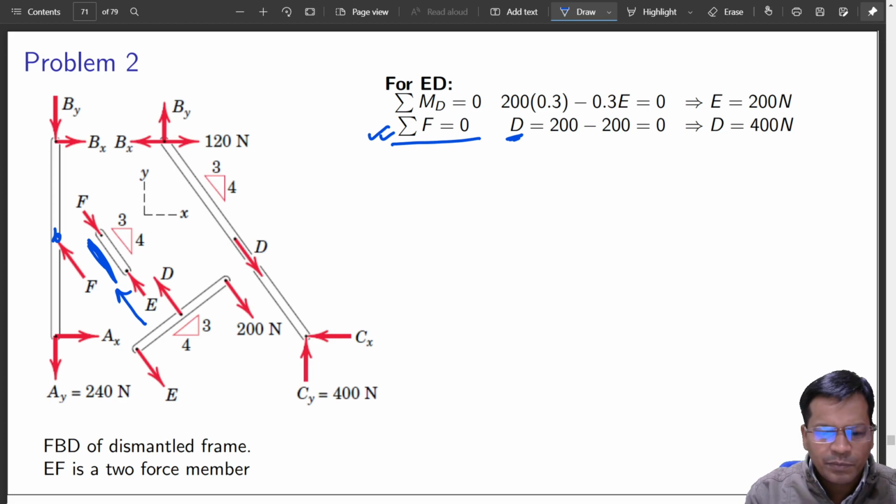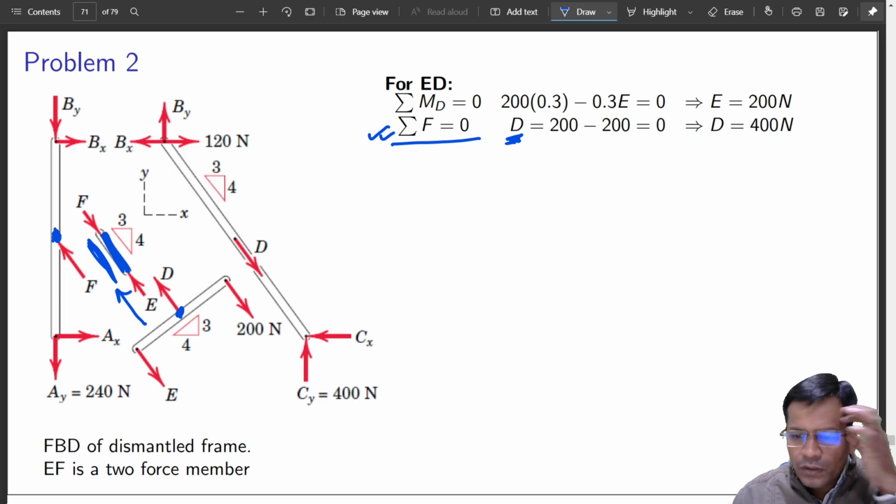That is the link which joins this point and this point. Whatever force is transmitted through this link to this point, both should be the same. Okay. And what is D? D is, yes, 200. Oh, sorry, this should be, yes.